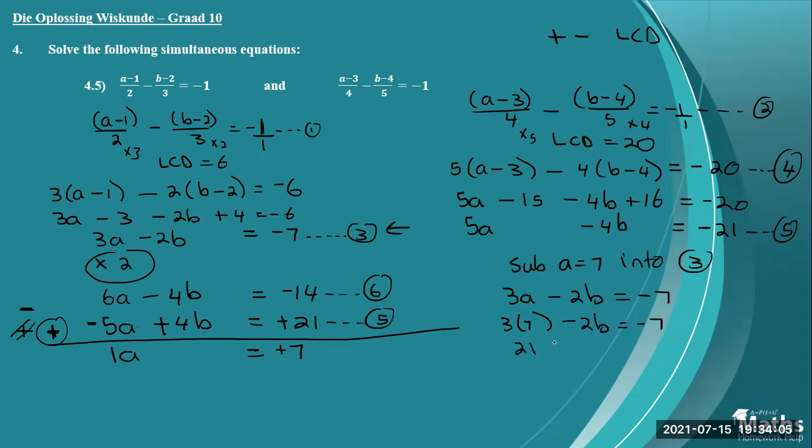It's 21. I'm going to take negative 2b over, then it's positive, and then this will be 21 plus 7, which is 28, and divide by 2. So therefore b is equal to 14.